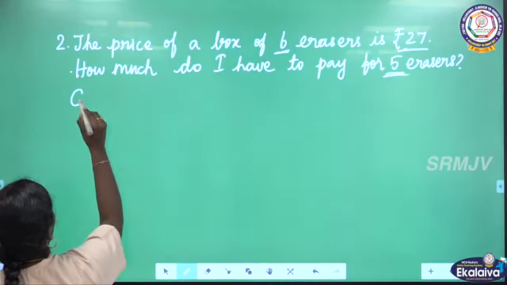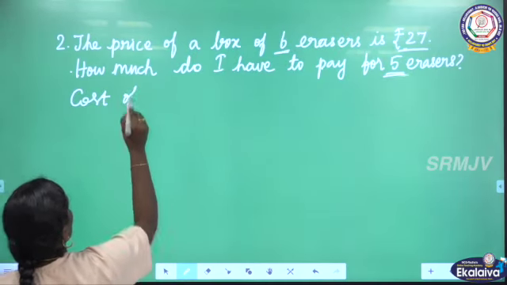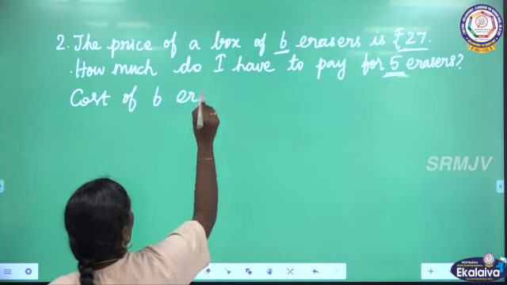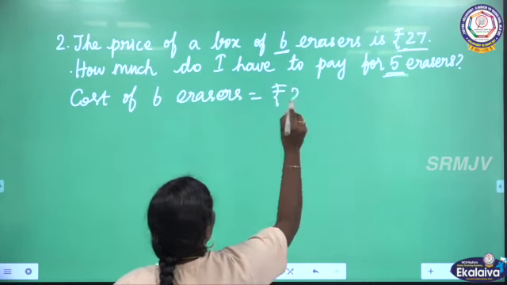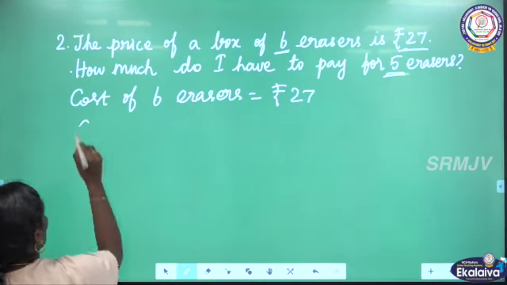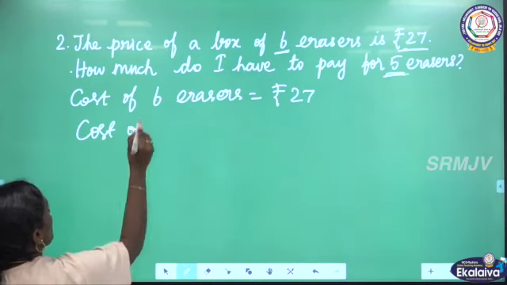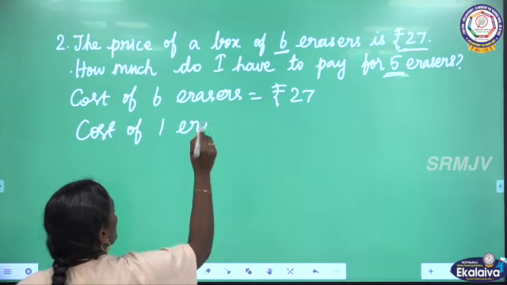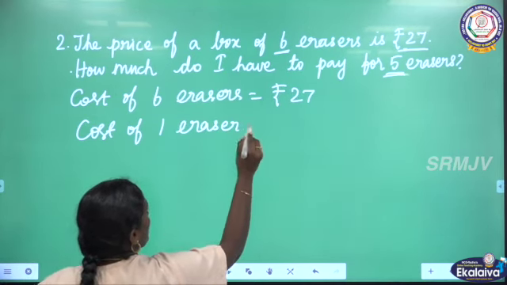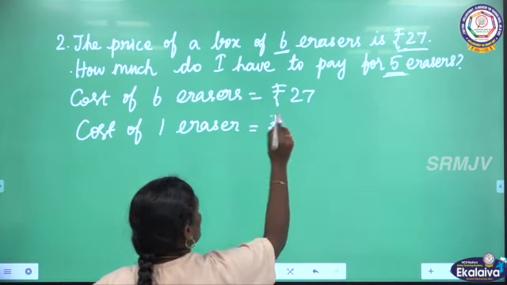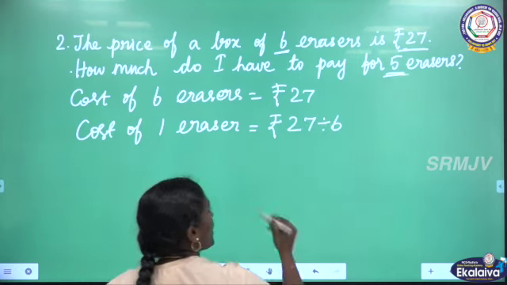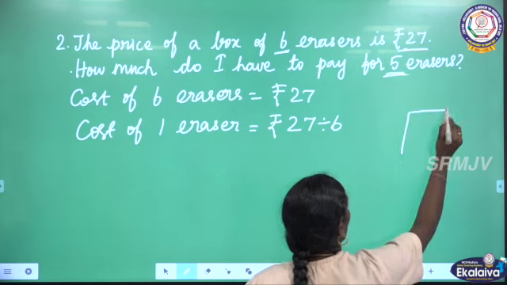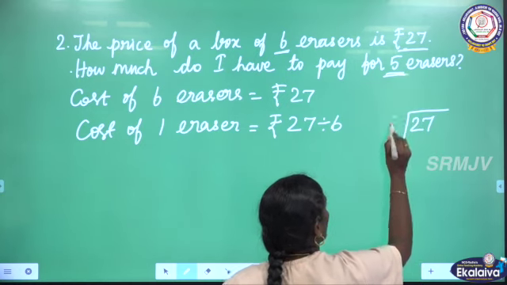Okay. So cost of 6 erasers is given, that is rupees 27. From this we are going to find the cost of 1 eraser by using division, that is rupees 27 divided by 6. Now we are going to divide 27 by 6.